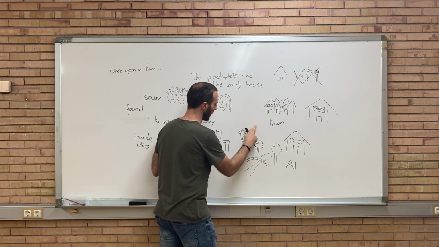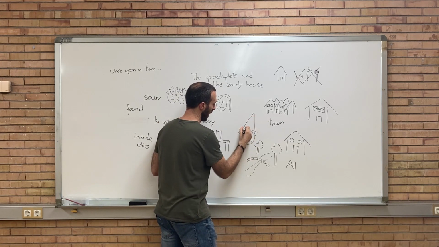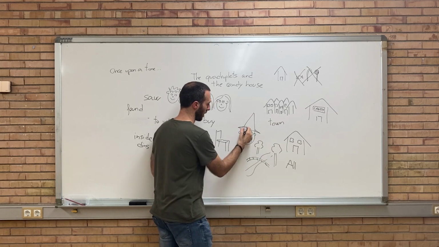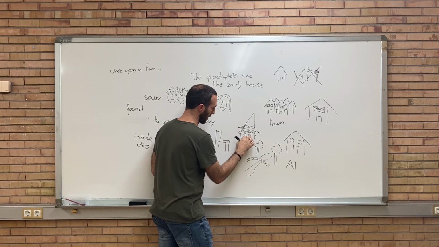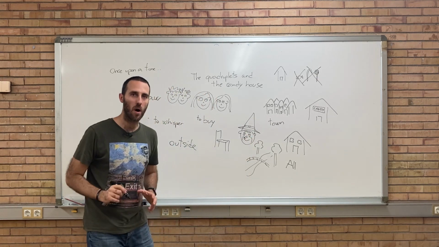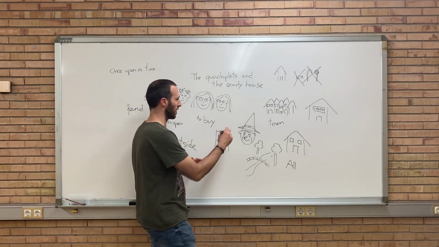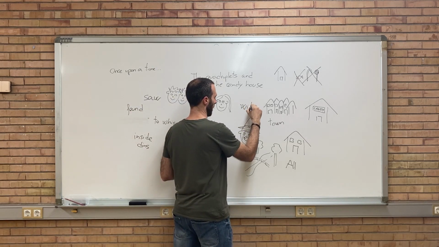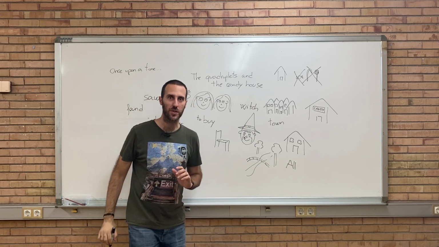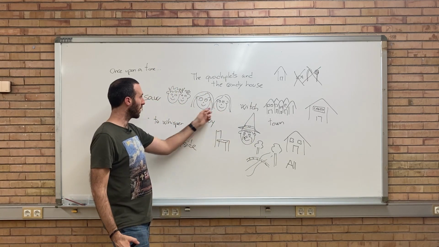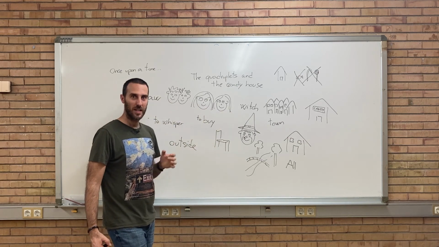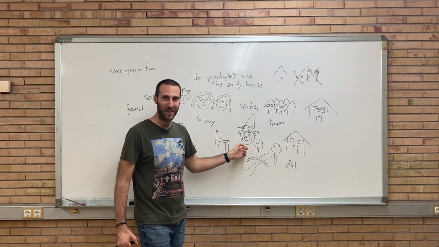She was wearing a hat and she had a big nose. Okay, she was a witch. She was a witch. And when she saw the quadruplets, she was very happy.